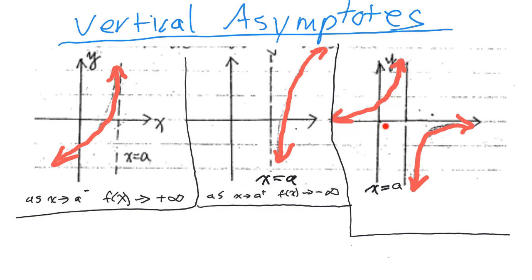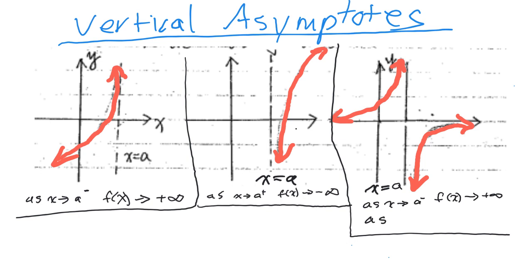So we start here and we notice our y gets closer and closer, but never actually touches. And so we say, as x approaches a from negative numbers, f of x will approach positive infinity. So it's just blowing up.